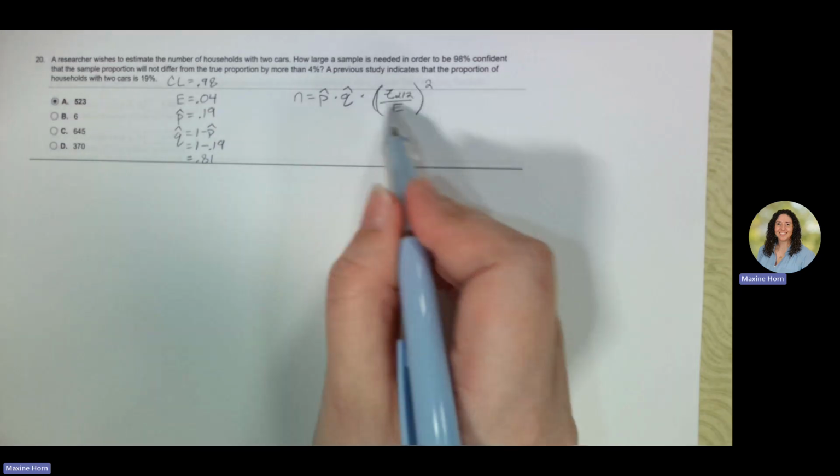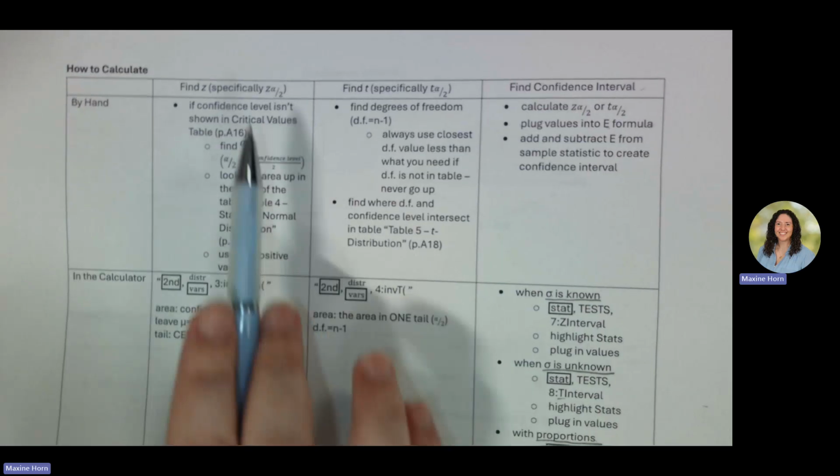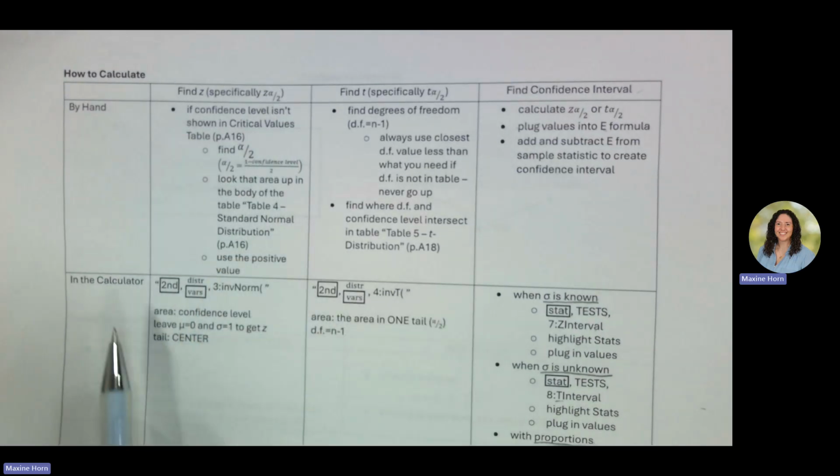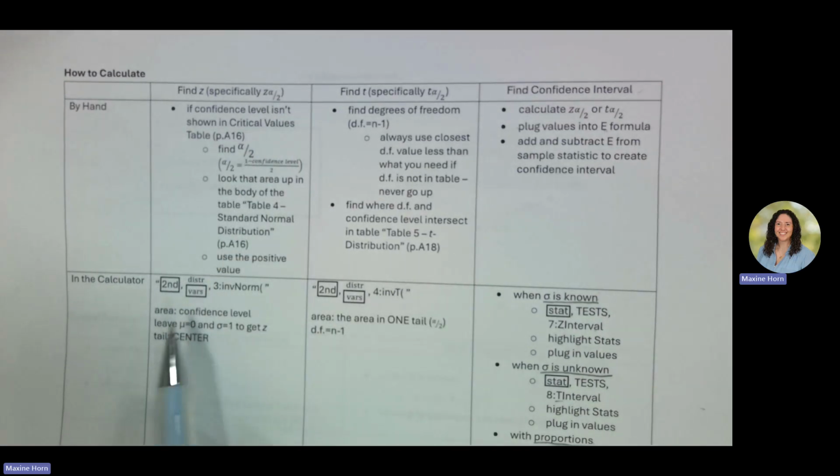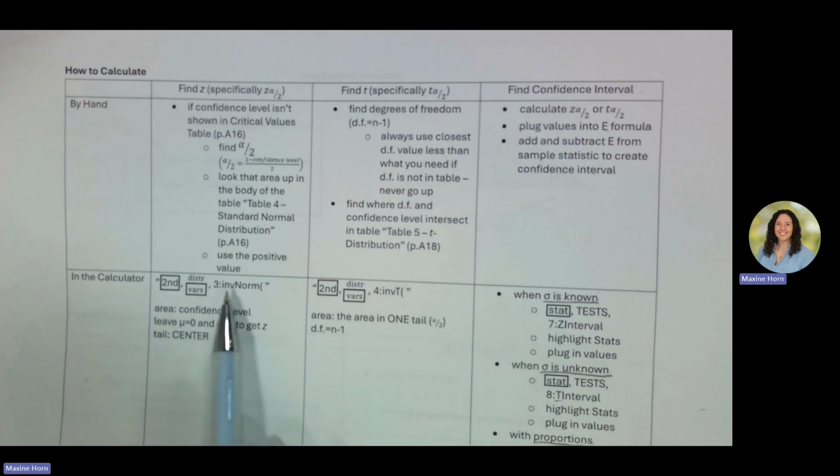So if I do that in the calculator, to find our z alpha halves in the calculator, we're going to do second vars, number 3, inverse norm.